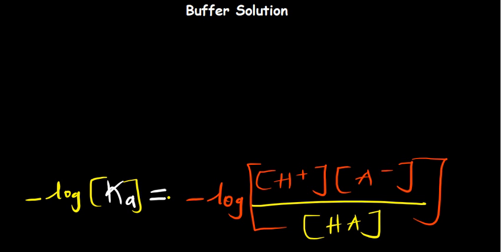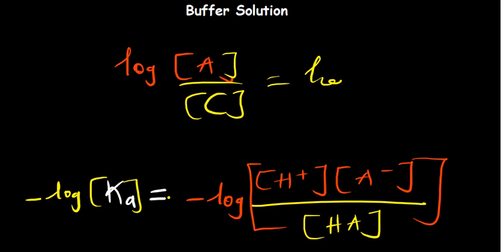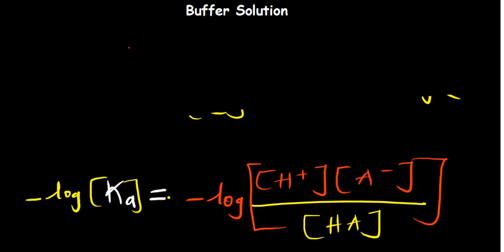The log of two things being multiplied, log of A and B, is the same as log A plus log B. Multiplication can be split as addition, and division can be split as subtraction, so log A over C is log A minus log C. We apply those simple rules to what we have.